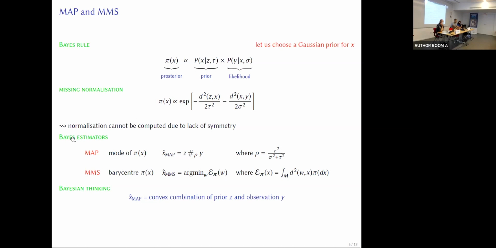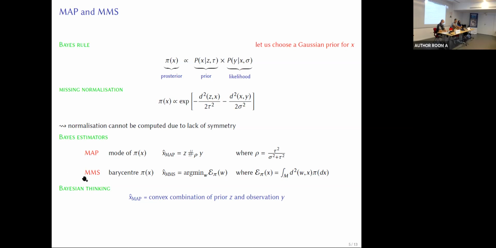So I'm going to look at two kinds of Bayes estimators, the maximum-a-posteriori, which is the mode of the posterior distribution, and the minimum mean squares, which is the Riemannian barycenter of the posterior distribution. The maximum-a-posteriori is a geodesic convex combination of the prior centroid Z and of the observation Y. This is typical Bayesian thinking, where we have a convex combination of the prior and the observation, and the weights, of course, depend on their respective variances.